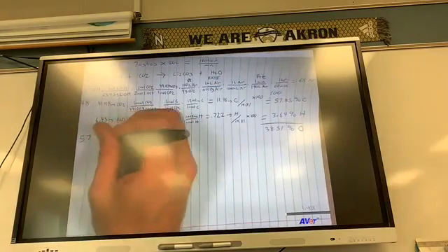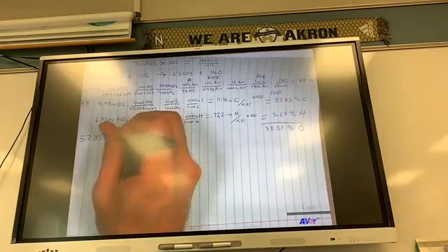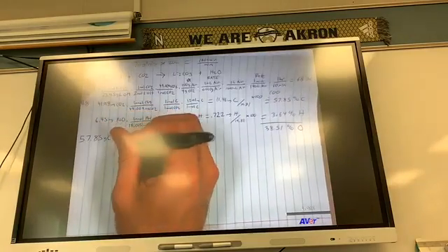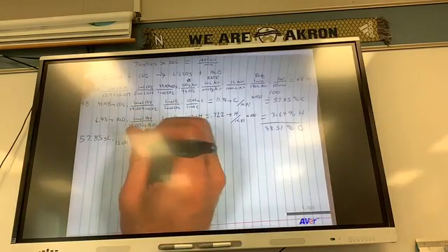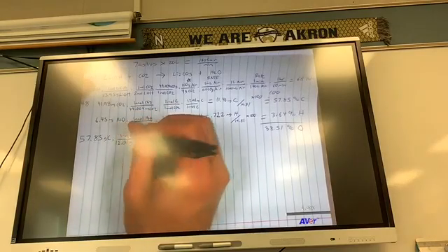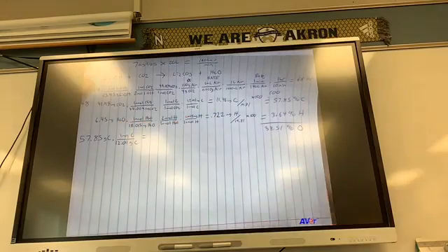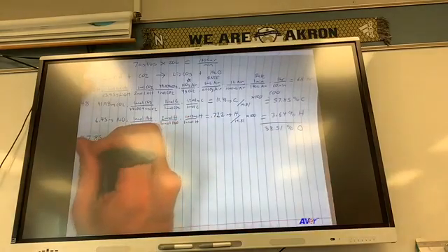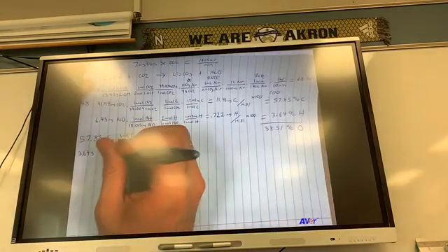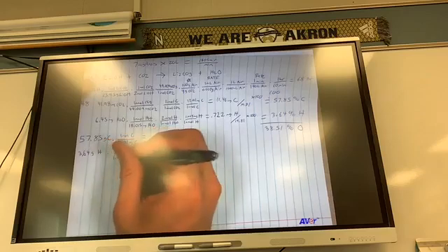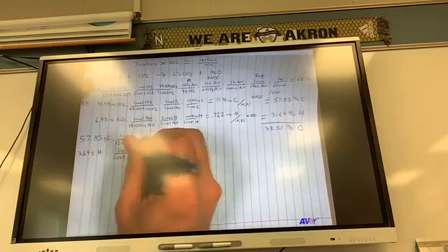So I've got 57.85 grams of carbon times 1 mole of carbon per 12.011 grams. I have 3.64 grams of hydrogen times 1 mole per 1.008 grams of hydrogen.